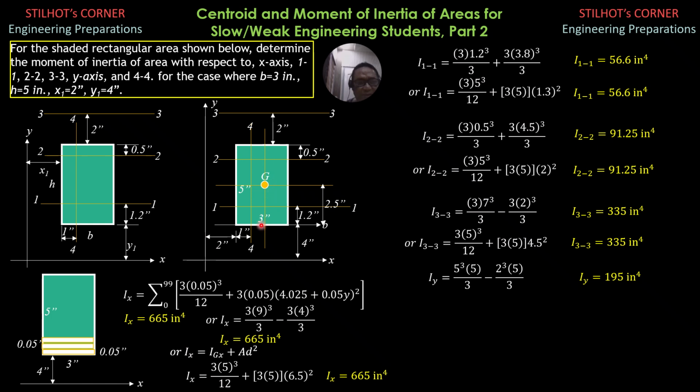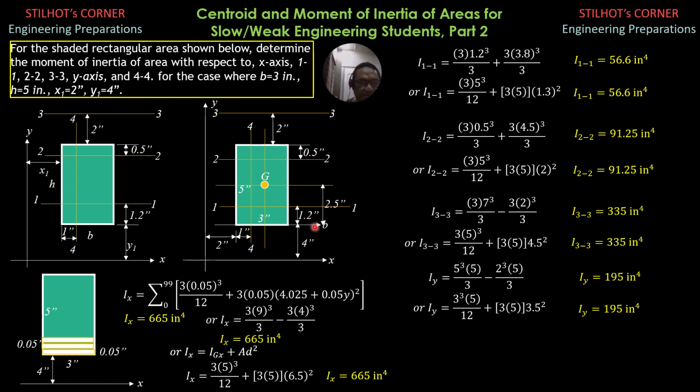So 3 cubed times 5 over 12 plus area 3 times 5, and the distance of the centroidal y-axis from the y-axis is 1.5 plus 2, and that's 3.5. So it is equal to 3 cubed times 5 over 12 plus 3 times 5, 3.5 squared. So that would be 195 inches to the fourth.